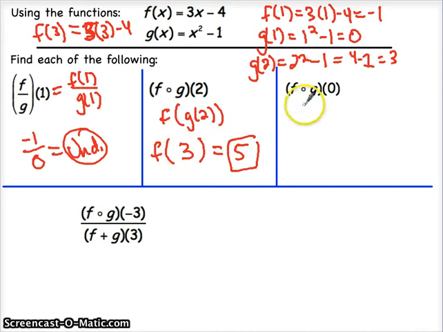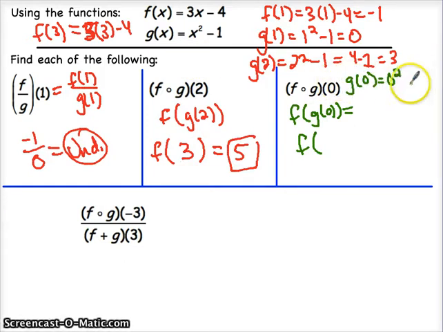Let's go ahead and do f composed on g of 0. Same thing goes. So I'm going to find f composed on g of 0. So f composed on, well, g of 0 is 0 squared minus 1. 0 squared minus 1 is negative 1.